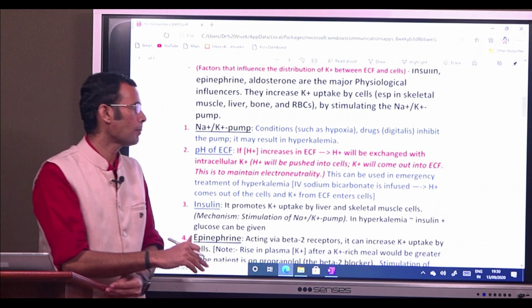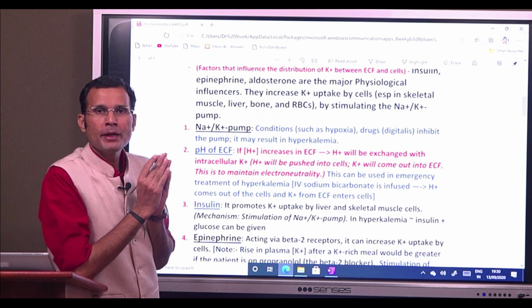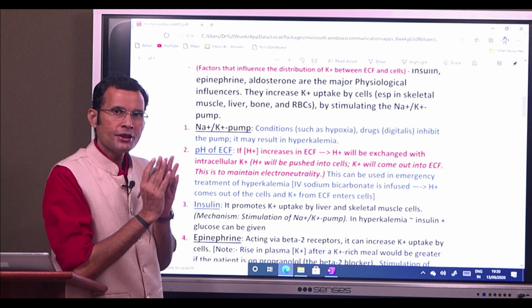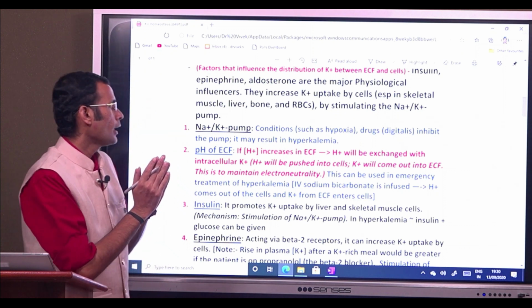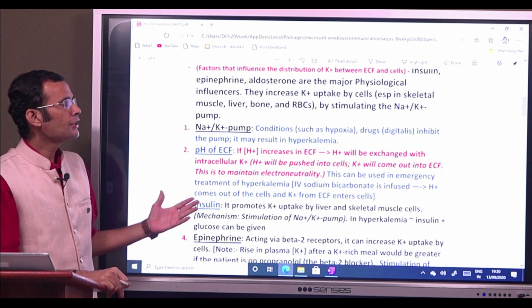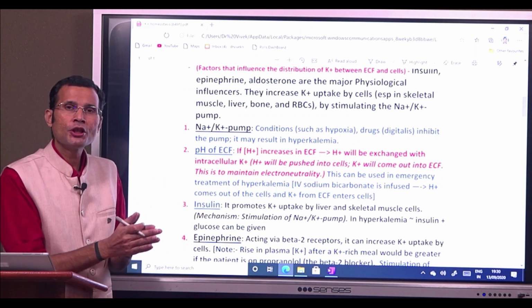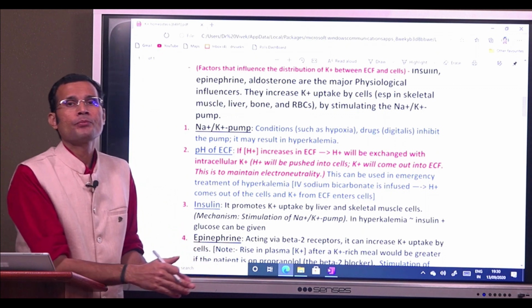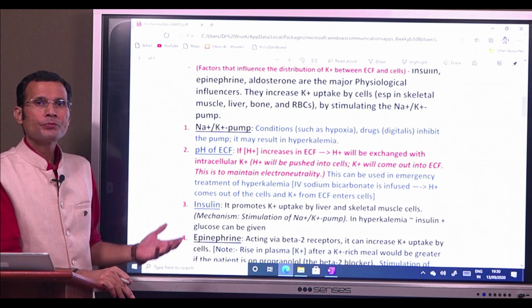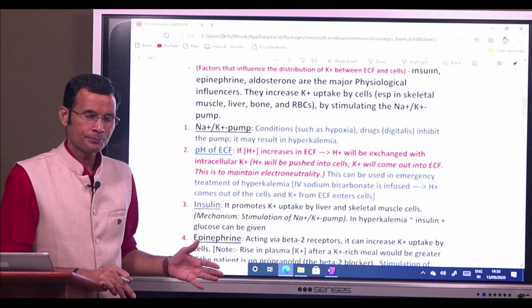So the sodium potassium pump is the major influencer of the ECF potassium concentration, and therefore the conditions that alter the functioning of the sodium potassium pump would alter the serum potassium levels.